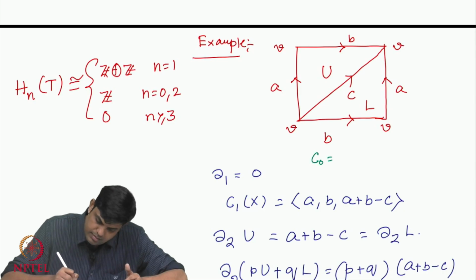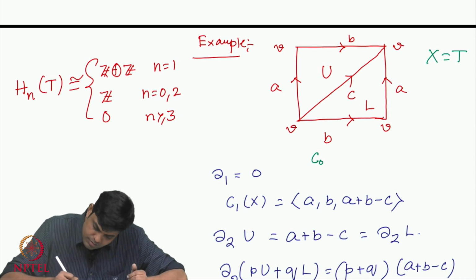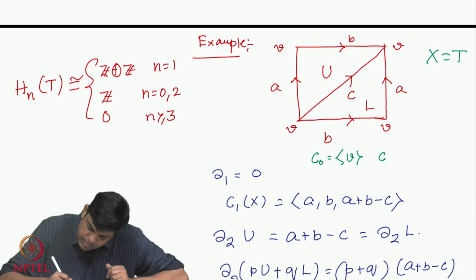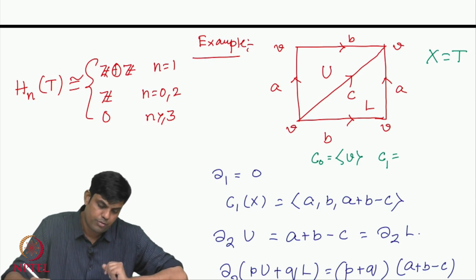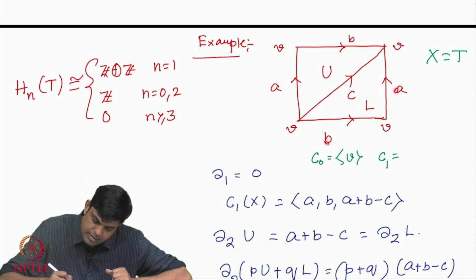C0 of x, let me write x equal to T, and I am not going to repeat this T again and again. So, C0 is generated by V, that is isomorphic to Z, generated by one element. C1 is isomorphic to the abelian group generated by 3 elements A, B, C.